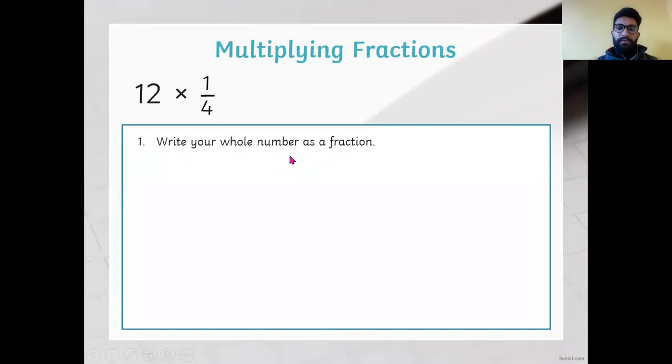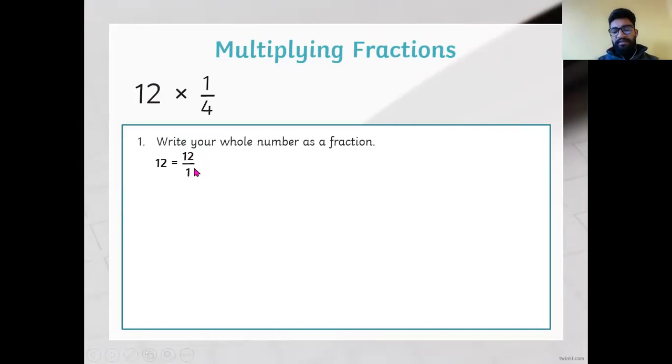Write your whole number as a fraction. That means your whole number is 12. It may be in front or at the back. Its fractional number is 12 by 1. Just add 1 as a denominator, because if you add 1 in the denominator, the result won't change.